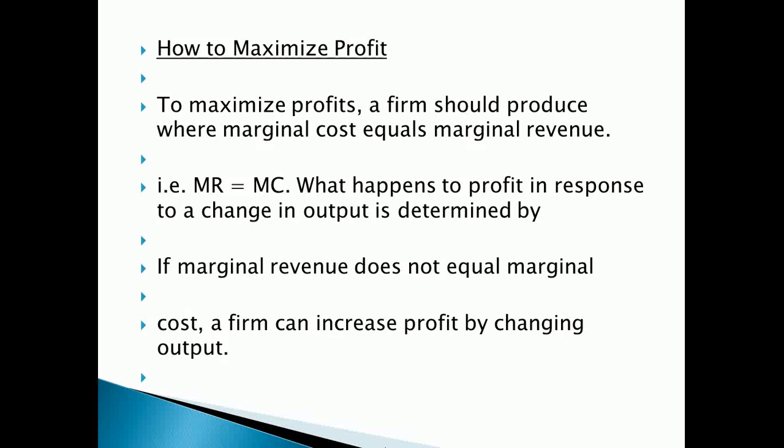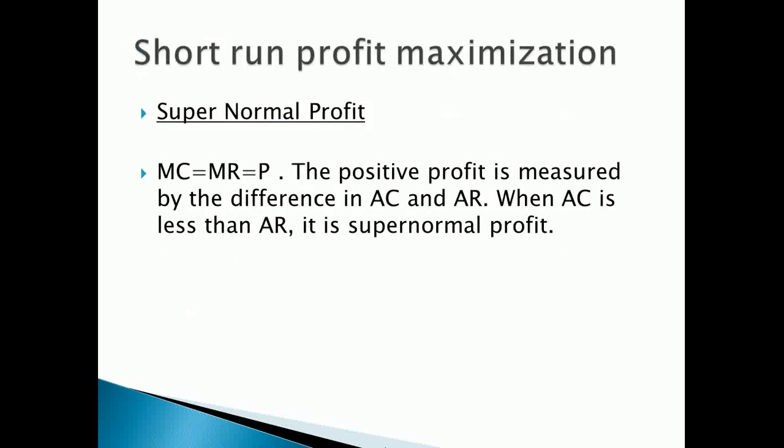For businesses that do not shut down, in the long run, they experience what we call a normal profit. And in that situation, they are at the break-even point. The firm has the same cost, such that the market price is just equal to the average cost curve. At the profit maximizing level of output, the firm is now making what we call a normal profit.